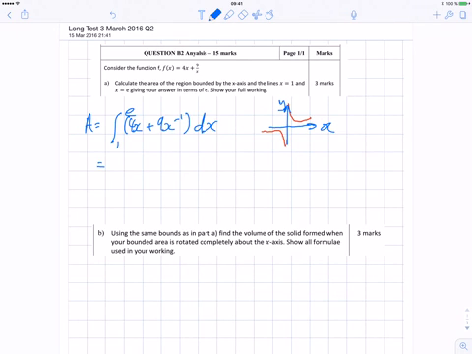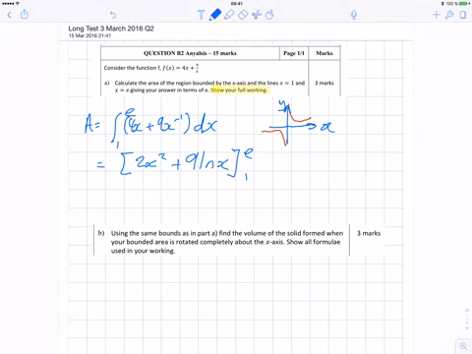So full working, this is what I'm looking for. It says show your full working. So that becomes 4x, add 1 to the power, is 4x squared divided by 2, is 2x squared, plus 9 ln x, since x to the power of minus 1 becomes ln x.